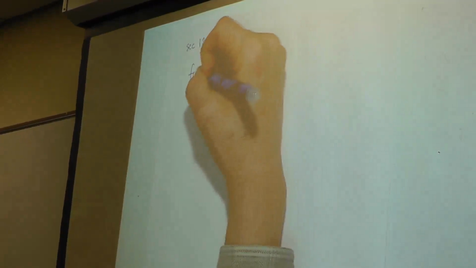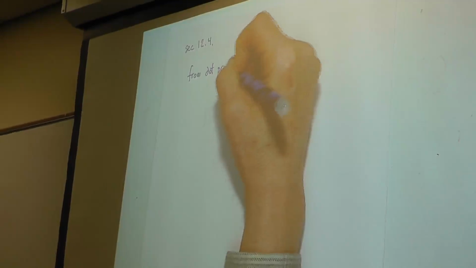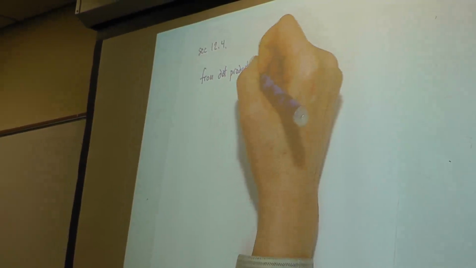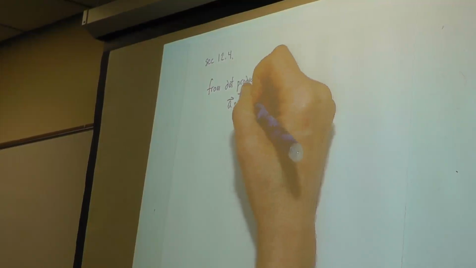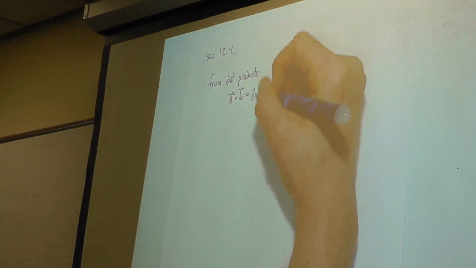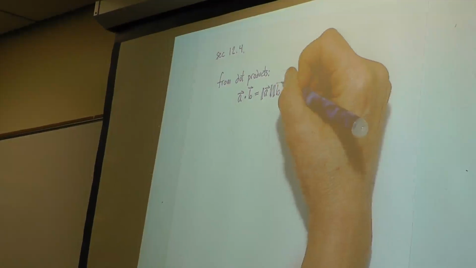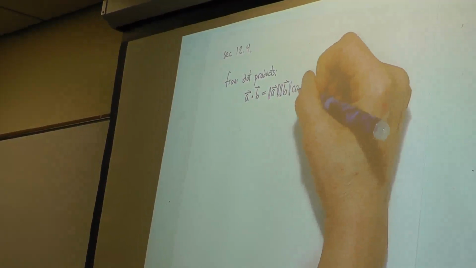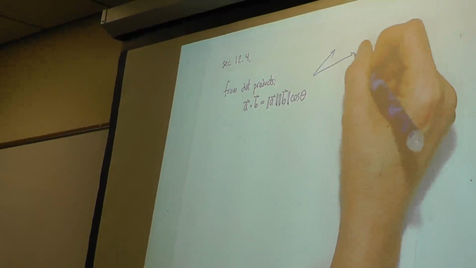Back to vector world here. From dot products, I have the following. I have A dotted with B to be magnitude of A, magnitude of B, cosine of the angle between them when A and B are tail to tail.